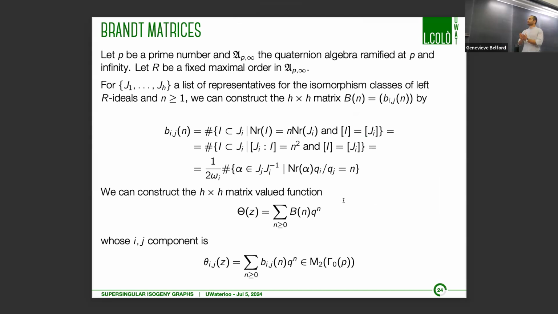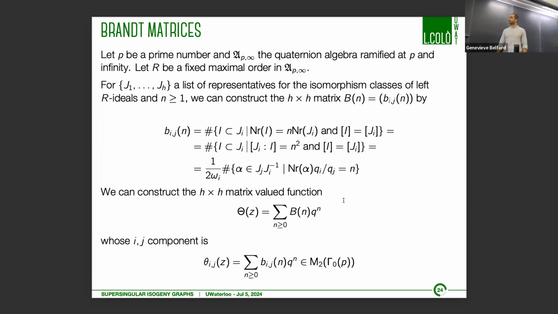So we have to talk about Brandt matrices. These are defined in the following way. Consider a prime p and consider the quaternion algebra ramified at that prime and at infinity. Just for reference, if you look at the supersingular elliptic curves in that characteristic, their endomorphism algebra will be exactly this quaternion algebra here.